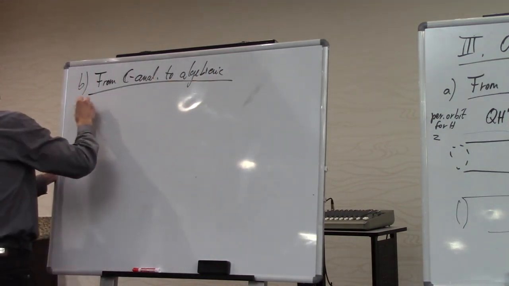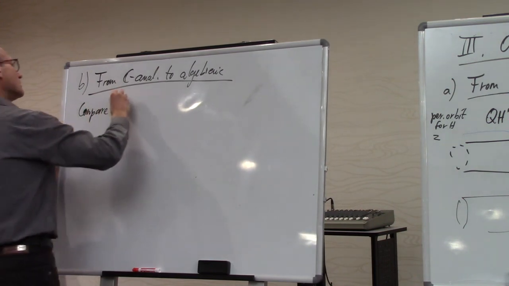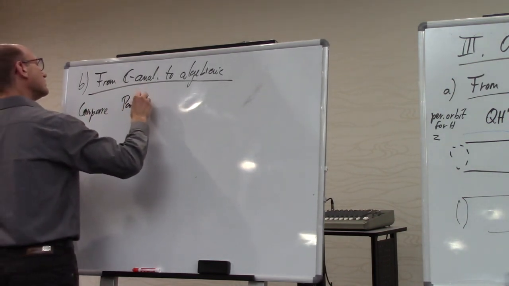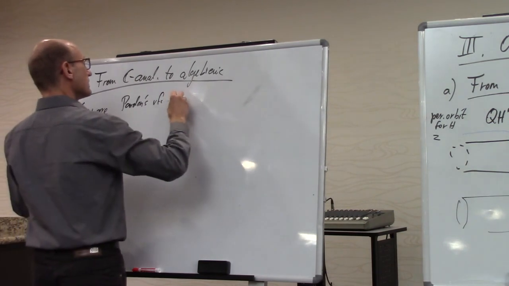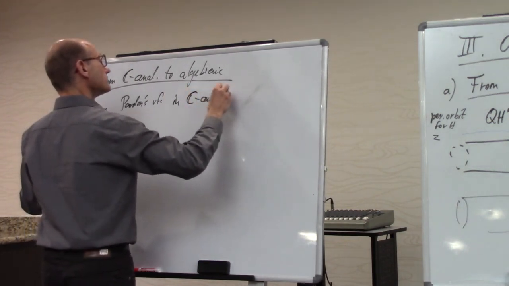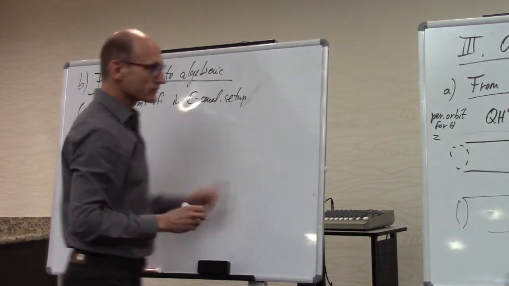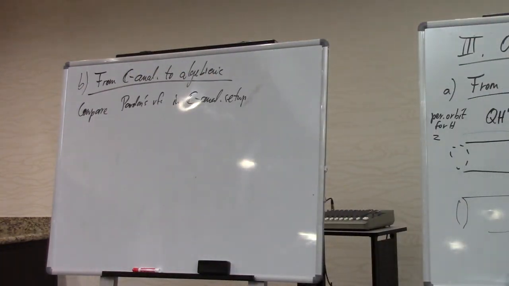So we need to compare Pardon's VFC framework in the C-analytic setup. Note that this is really C-analytic now, right? We would be doing that kind of thing, and compare it once you have bubbles over here. So that would somehow be degenerated to something that looks like this, and then you have a three-punctured sphere here.